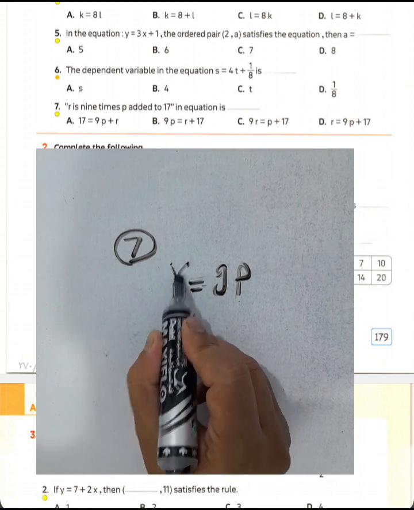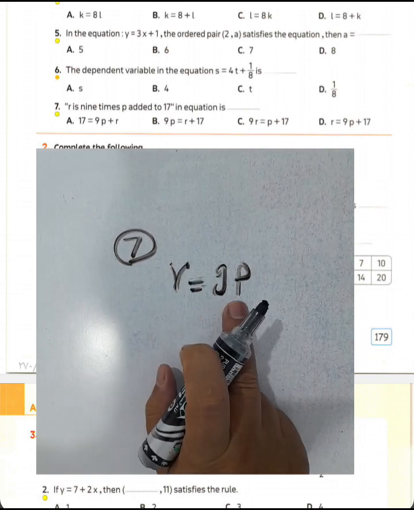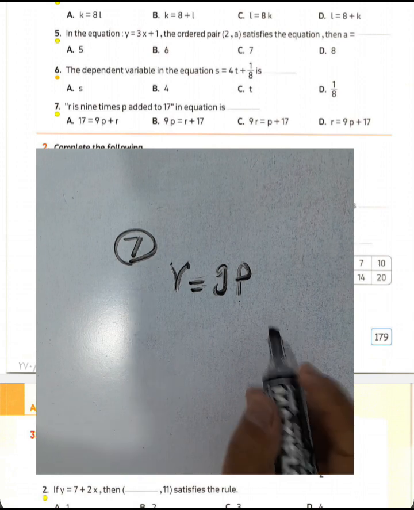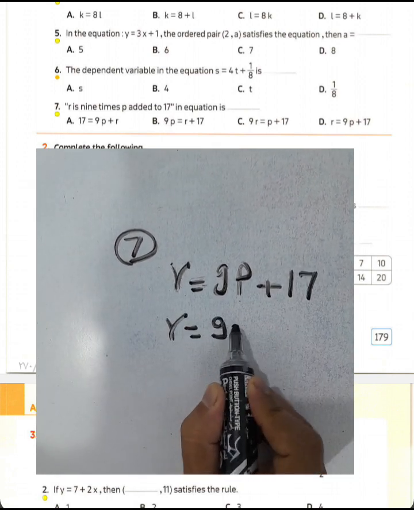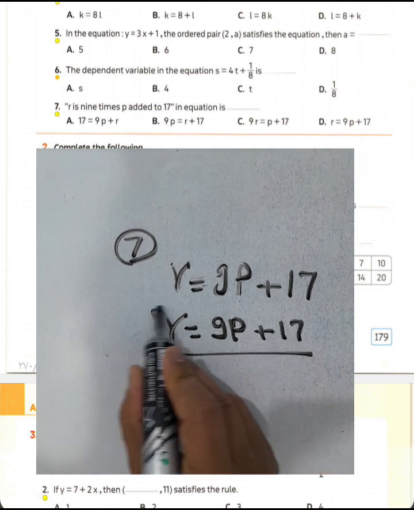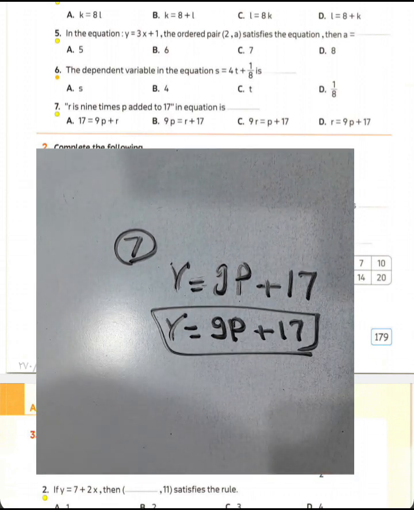Then R is means R equals 9P added to 17, plus 17. Again, R is 9 times P added to 17. Choose letter D for question 7.